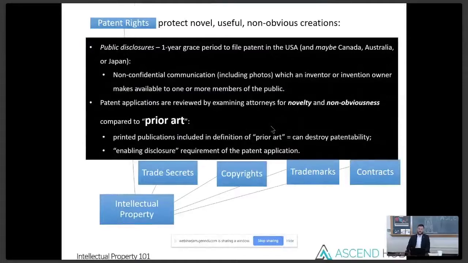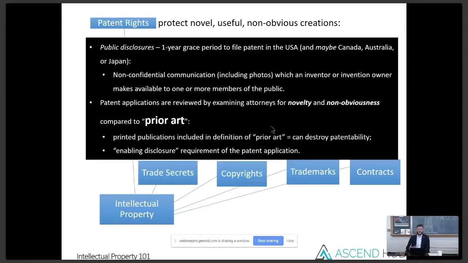A public disclosure of that will give you less rights ultimately than if you had protected it first. However, in the United States, you are allowed a year grace period roughly to file your patent application. Please note that you should not count on this grace period, and this grace period does not apply in any other place.